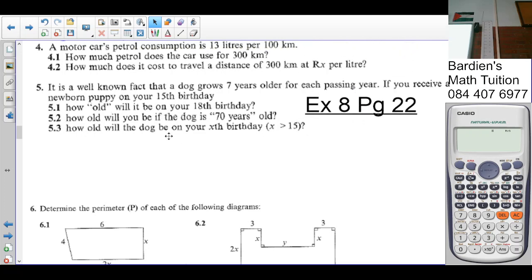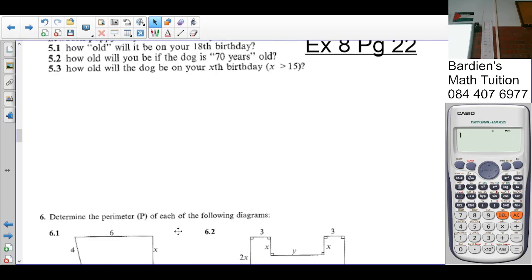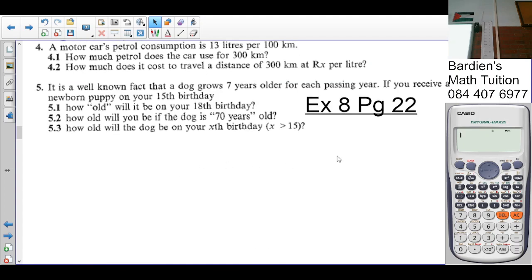Right, number 4. A car's petrol consumption is 3 liters per 100 kilometers. How much petrol does the car use for 300 kilometers? 13 times 3, not so? Why?